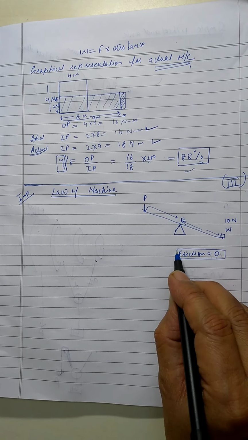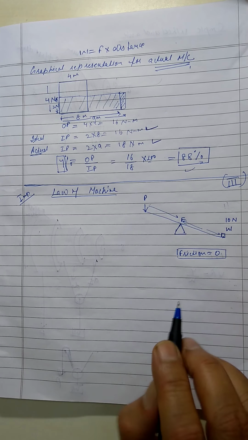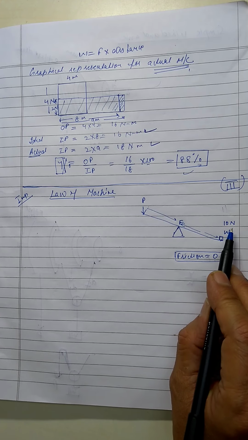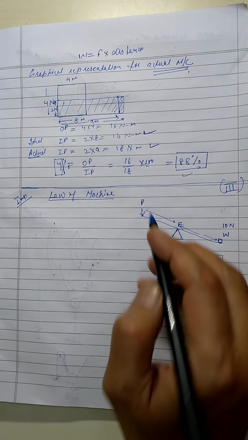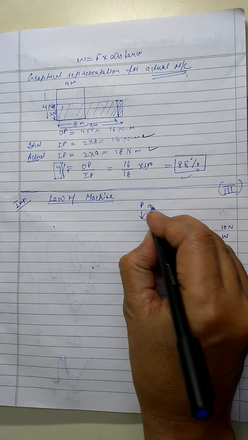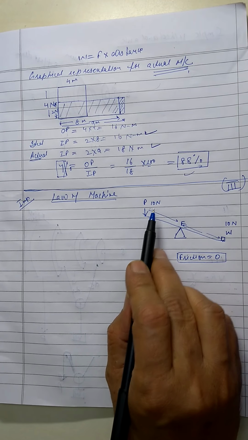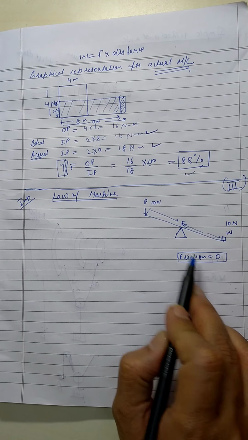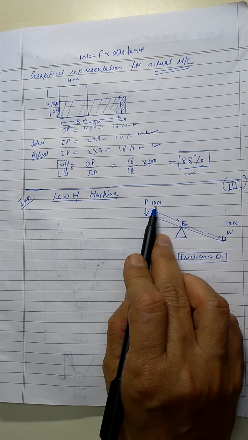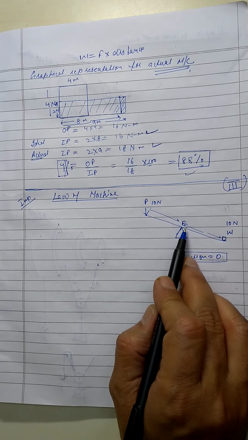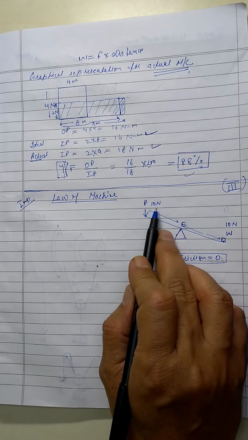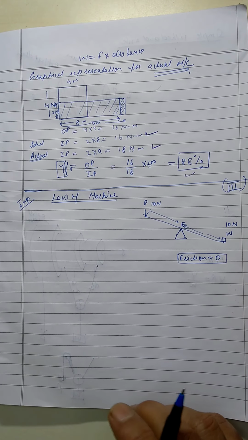So if we want to lift a load of 10 Newton, then we have to apply an effort of 10 Newton, because no extra effort is applied as the friction is 0. The extra effort is only applied to overcome the friction, and the friction is 0. So for lifting 10 Newton, the effort applied is 10 Newton.